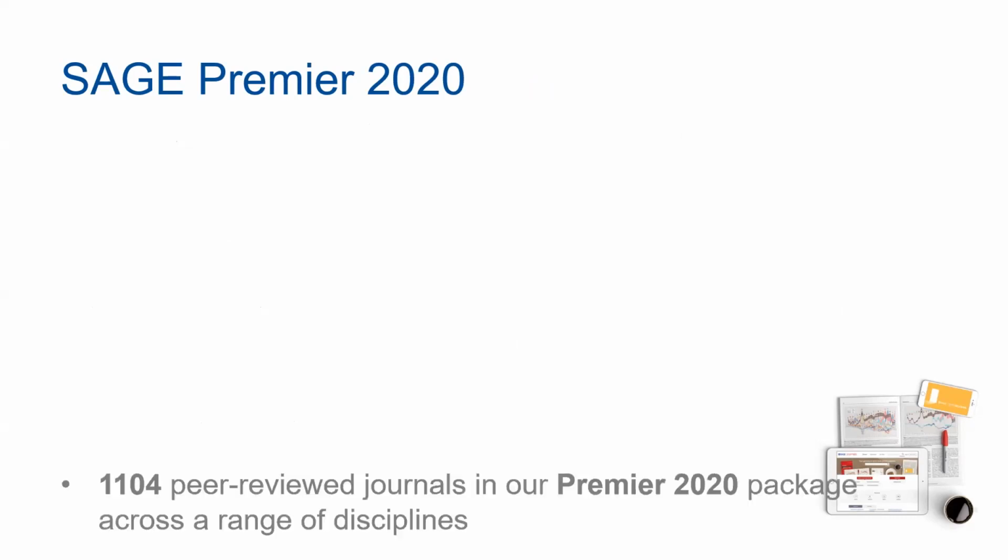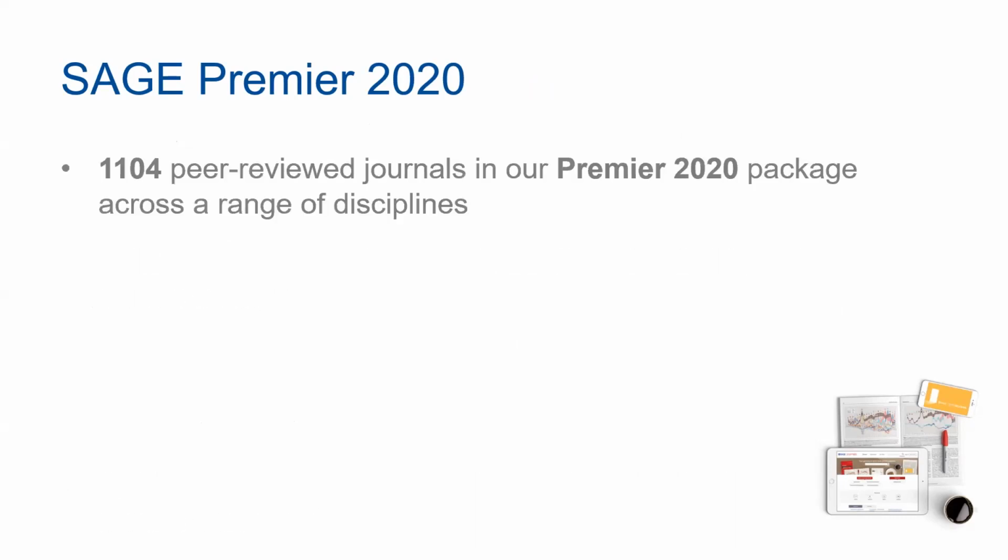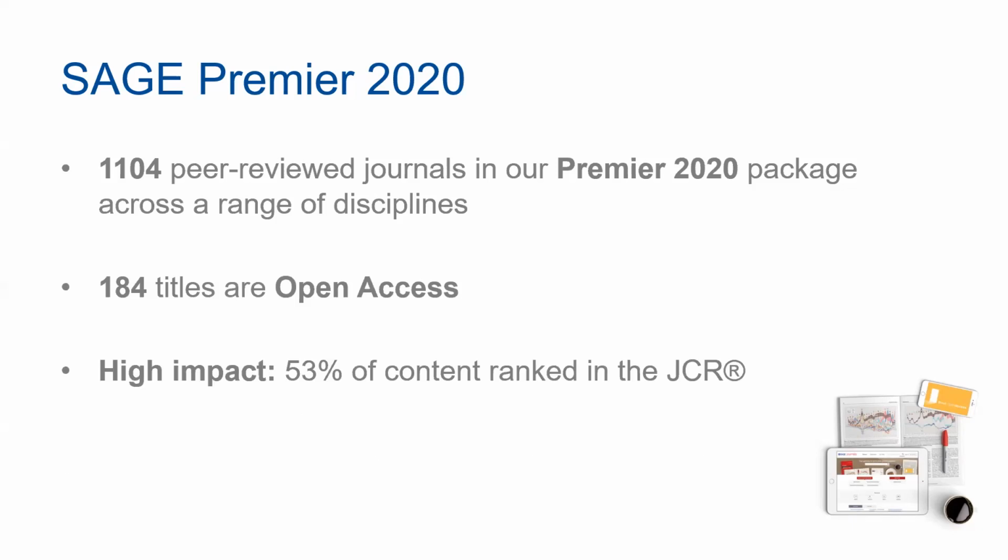I just want to take a closer look at our Sage Premier 2020 collection. This is our most comprehensive collection, and it contains 1,104 journals across that range of disciplines that I mentioned. 184 of those titles are open access, and around 53 percent of the content is ranked in the JCR, or Journal Citation Reports.